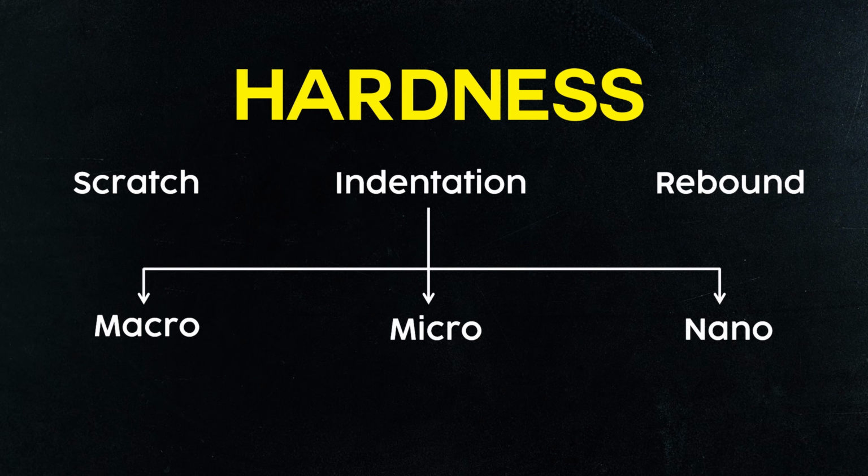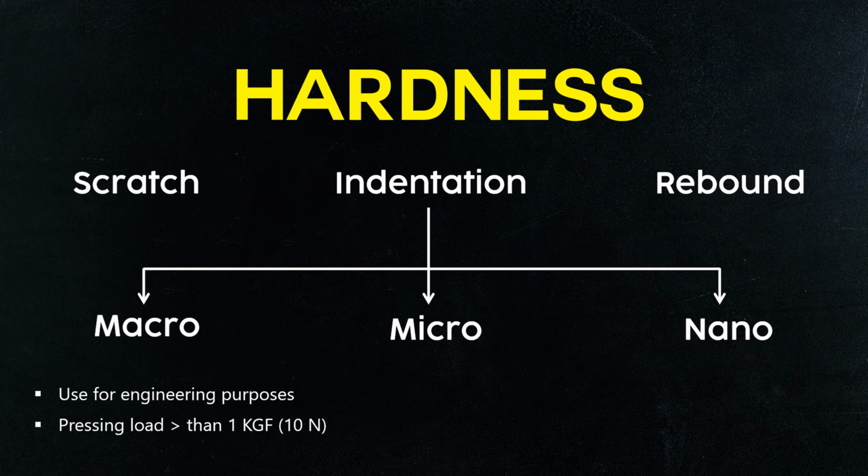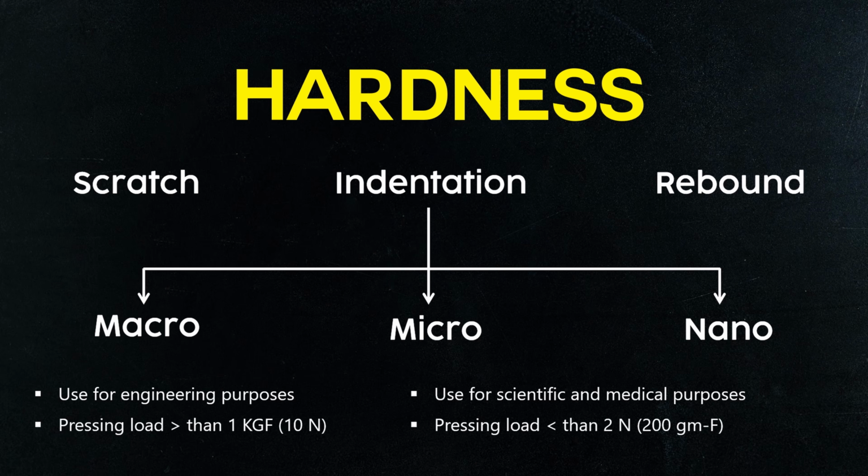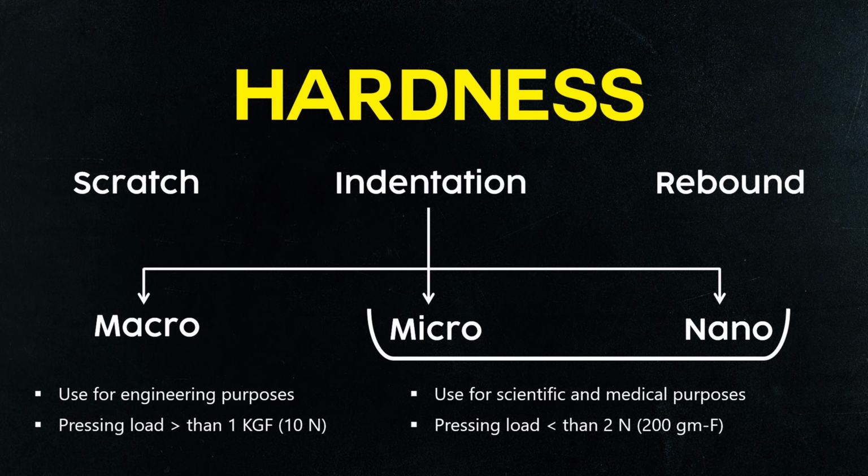Macro indentation testing is used for engineering purposes, with pressing load larger than 1 kgf, approximately 10 Newton. Micro and nano indentation testing are used for scientific and medical purposes, with pressing loads less than 2 Newton, meaning 200 gram force. So we will not talk about micro and nano indentation hardness testing. We are engineers, not scientists. So let's only focus on macro indentation hardness testing.